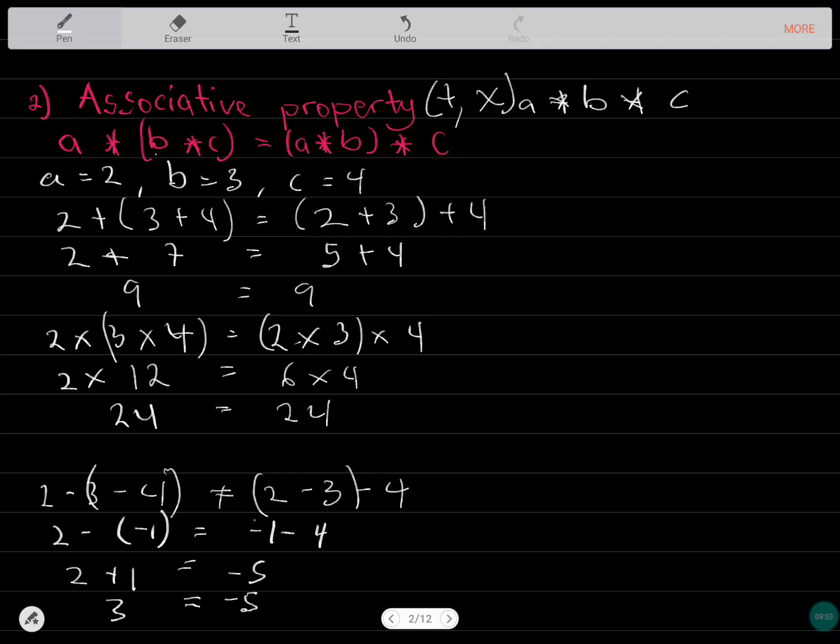If we should try for division, 2 divided by 3 divided by 4. Okay, to get whole numbers, let's try using values that are easily divisible.